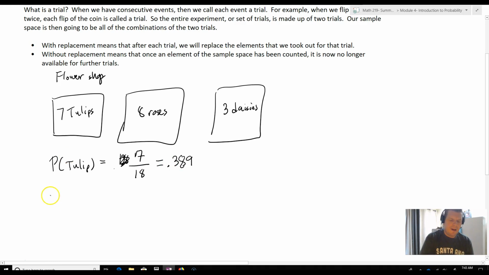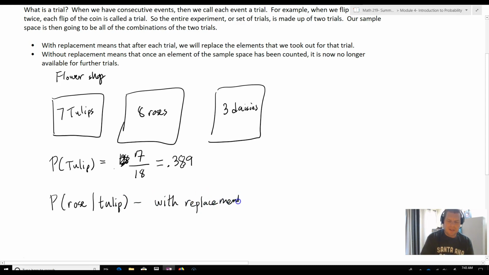Now, what if I ask the question, now they want to pick a rose. So what's the probability that they pick a rose given that they just picked a tulip? Well, it actually depends upon whether or not we're going to put the tulip back in. So we need to know, are we with or without replacement? Let's say, for example, we are with replacement.